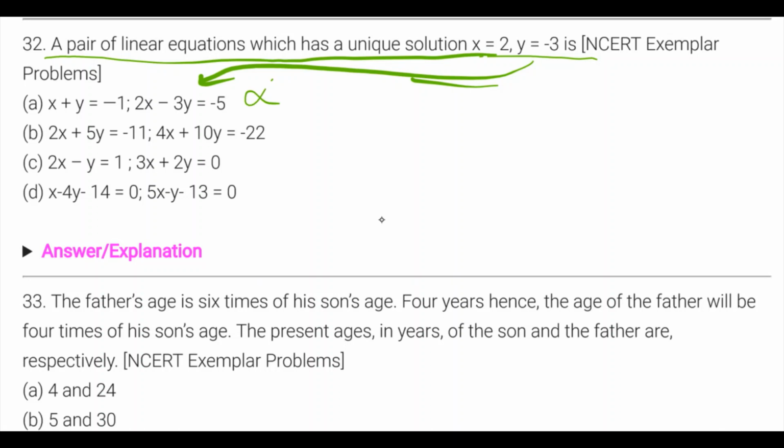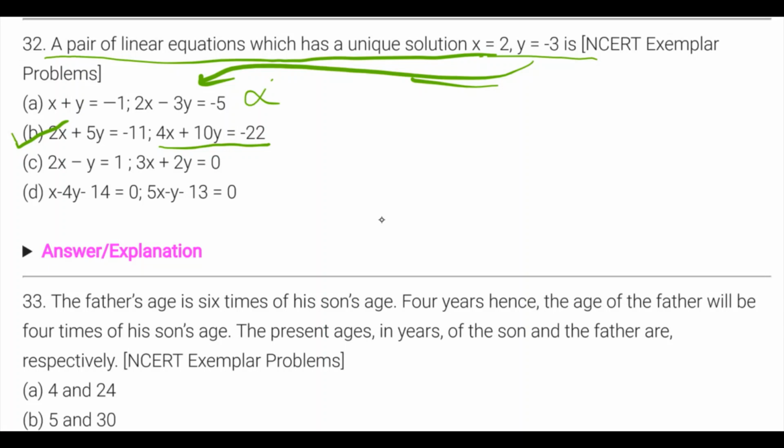Option B is 2x plus 5y. 2 into 2 is 4, 4 minus 15 is minus 11. And the second equation is 4 into 2 is 8, 8 minus 30 is minus 22. B is getting satisfied. But also check the other options.